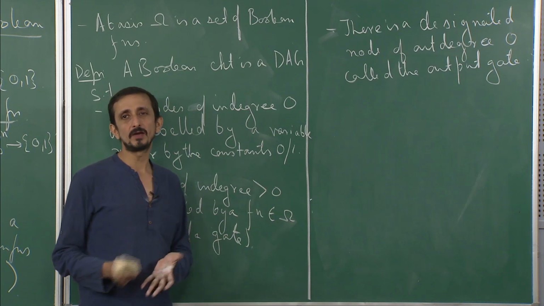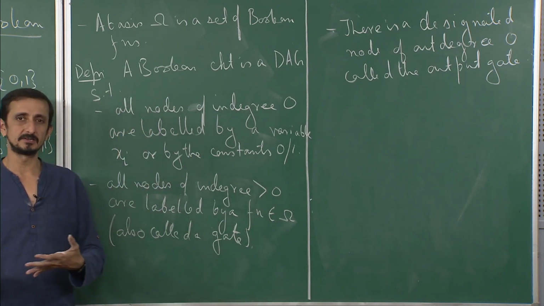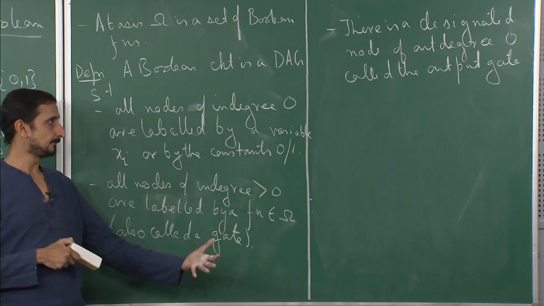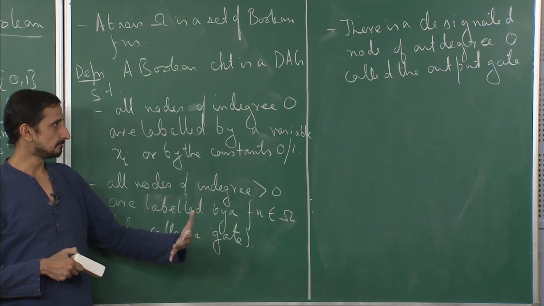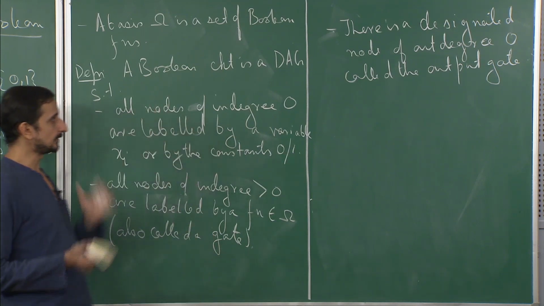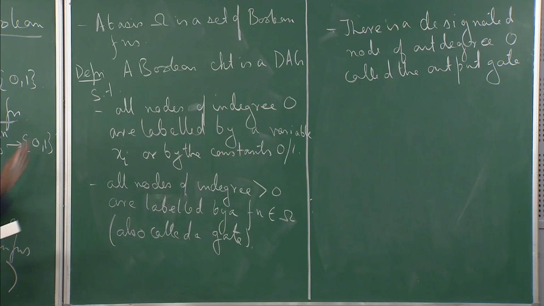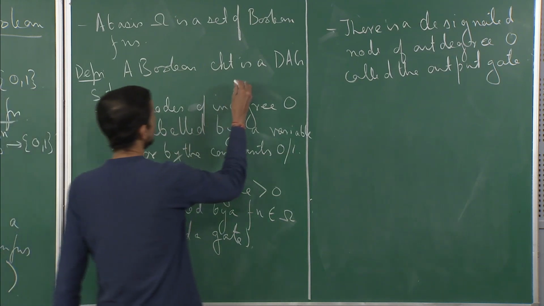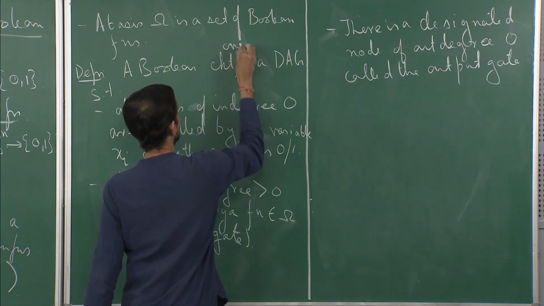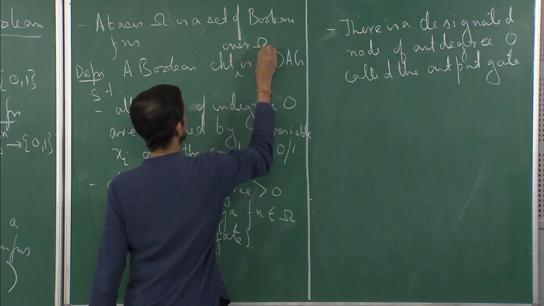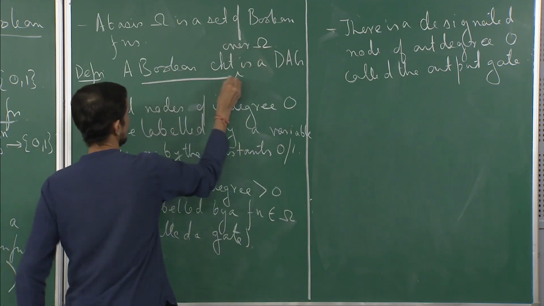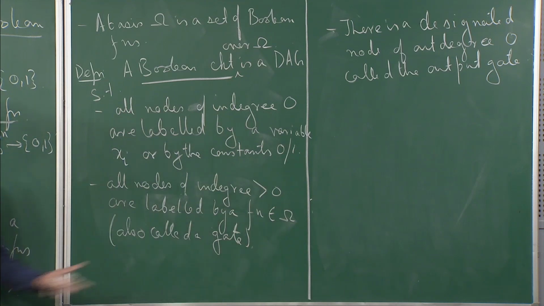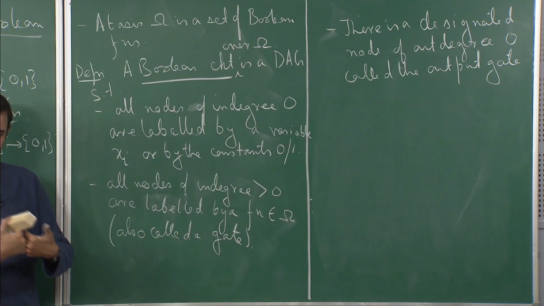Okay. So yeah, so in this course usually we will look at circuits which have a single output gate. That is, basically we look at only Boolean functions, that is functions which output either 0 or 1 only. So therefore there is a single output gate. Okay, so a Boolean circuit over a basis sigma. So what is a Boolean circuit? So it's a directed acyclic graph where I have each input.